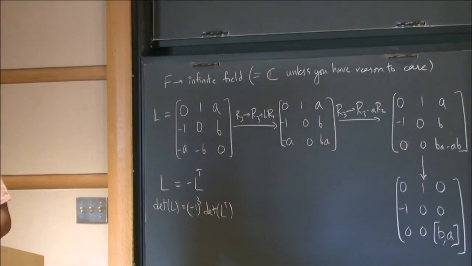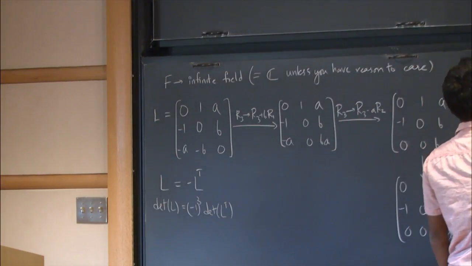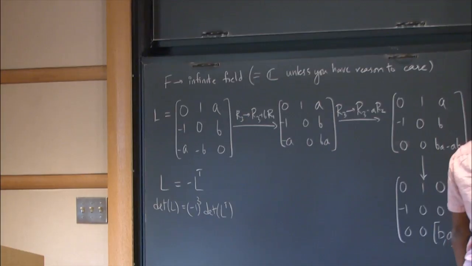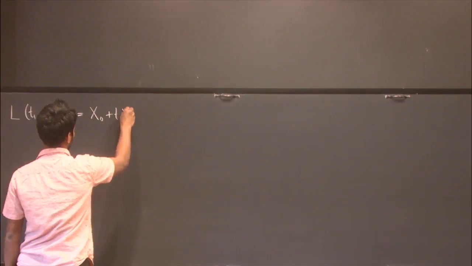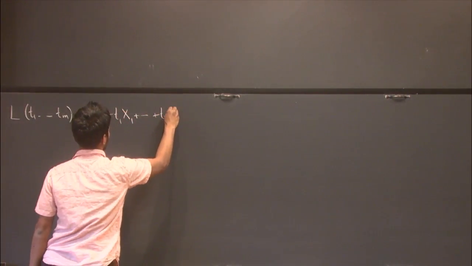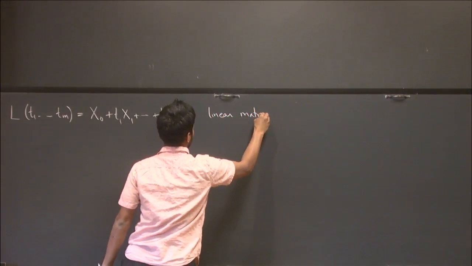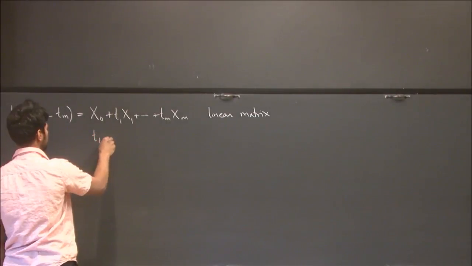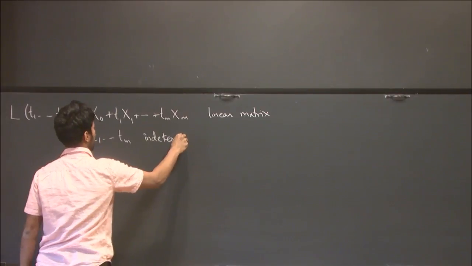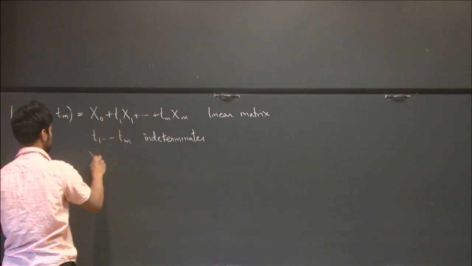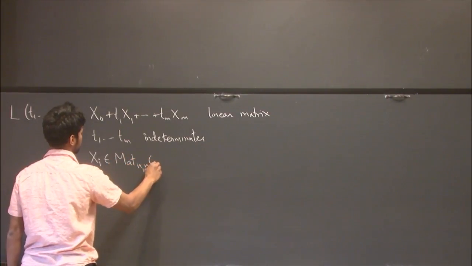Yeah? Okay, so now time for some definitions. L of T1 to Tm is a matrix that looks like this, which is what we call a linear matrix. Here T1 to Tm are indeterminates, just formal variables, and the X_i's are n by n matrices with entries in the field.